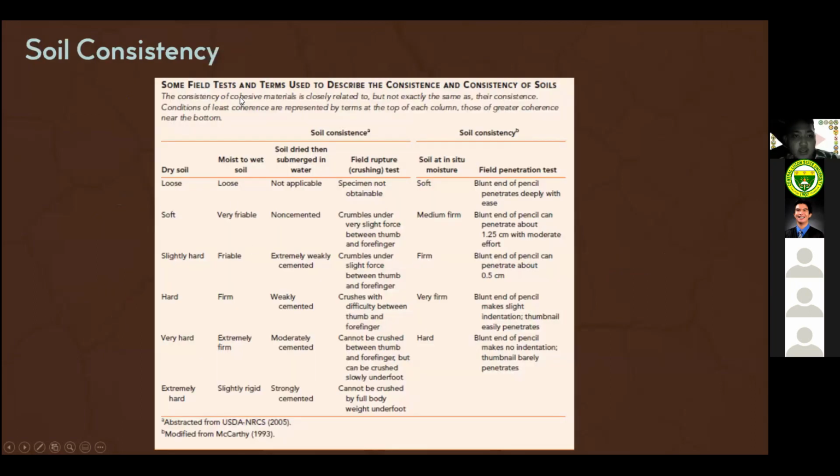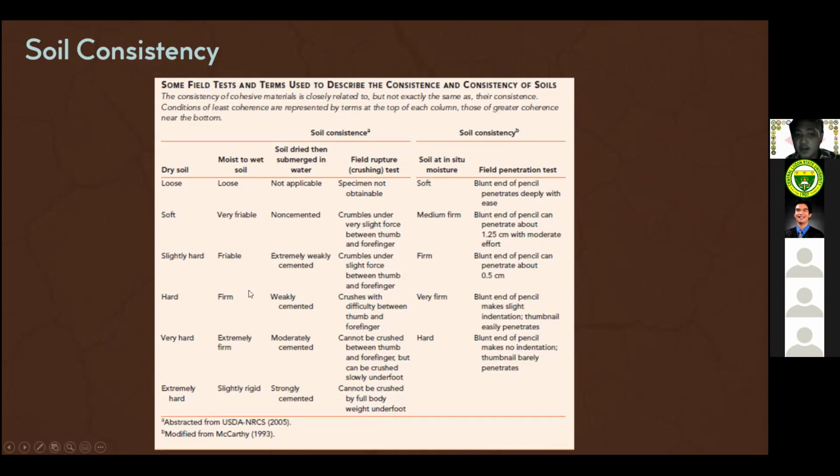So here, as you can see, are some field tests and terms used to describe the consistency of soil. In dry soil, we have the hardness, di ba? So we have very hard, extremely hard, or loose. In moist soil, we have the test for friability. So we have friable, very friable, loose, firm.